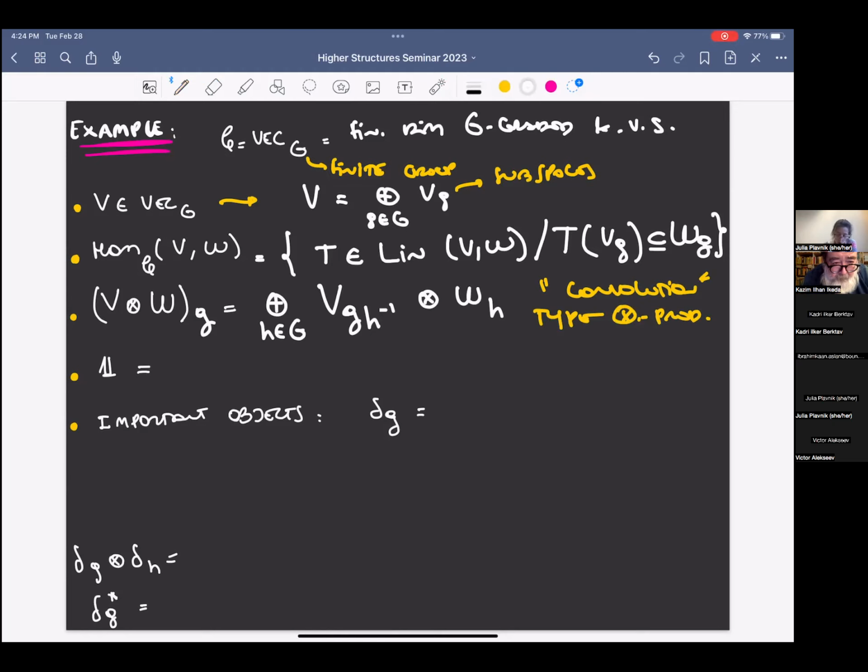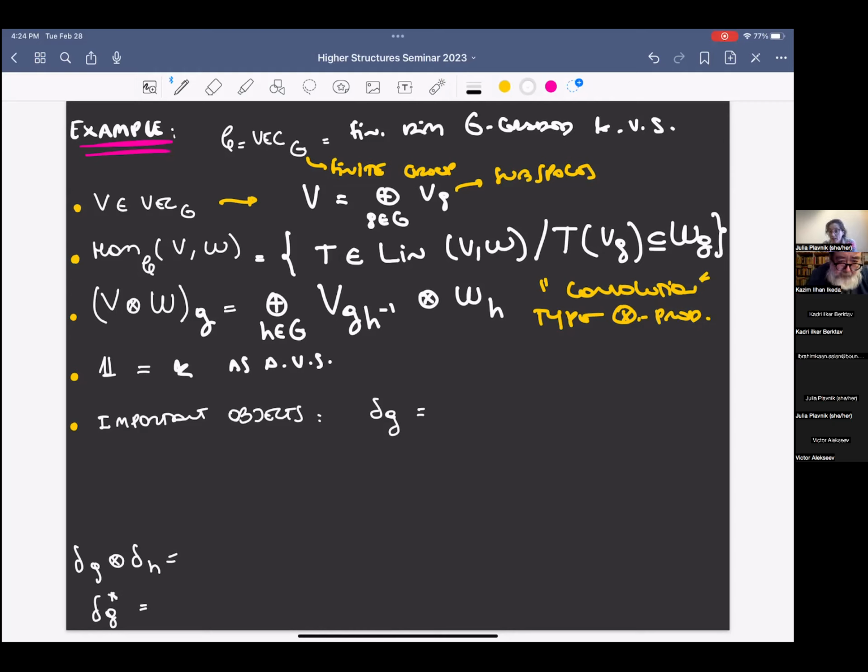And I need to tell you who is the unit. We know from the case of vector spaces that the vector space that makes the tensor product unital is the field, right? If you tensor by the field, you don't change anything. So this needs to be K as a vector space. But I need to tell you the grading.